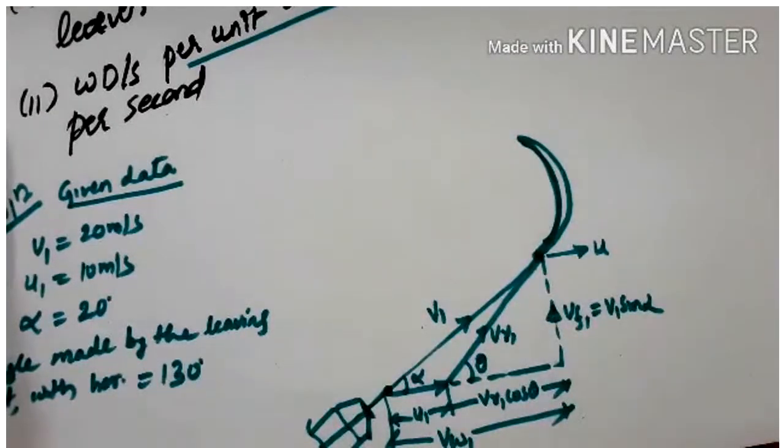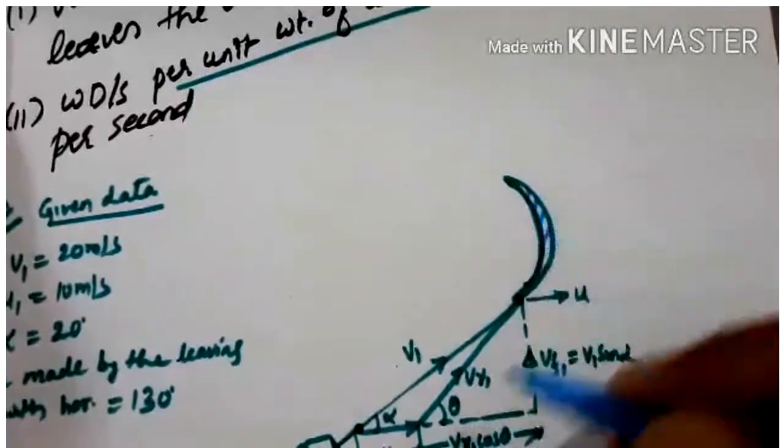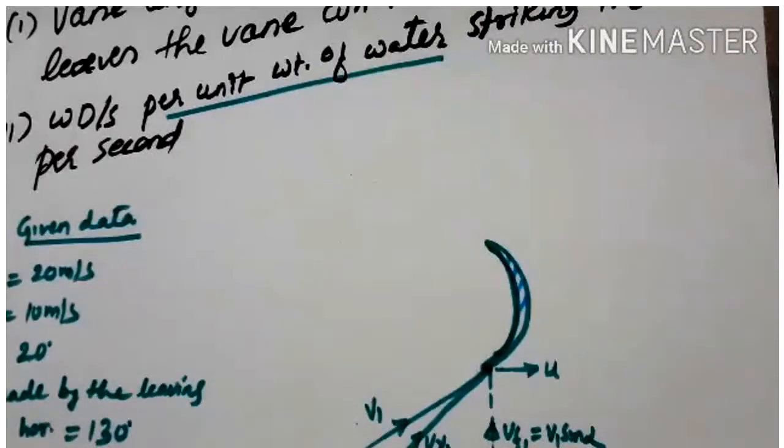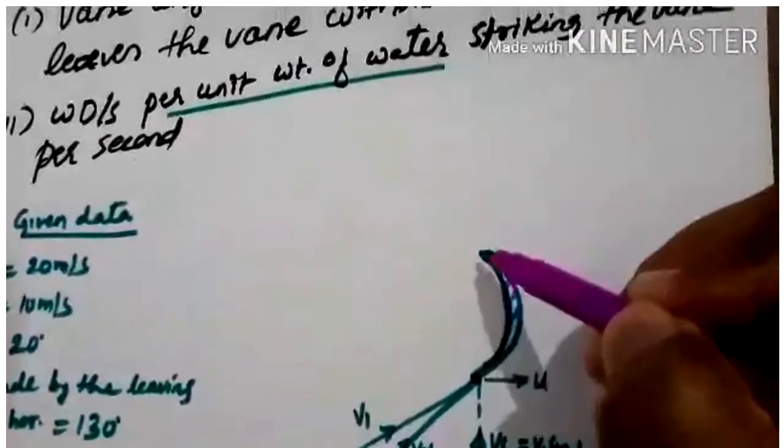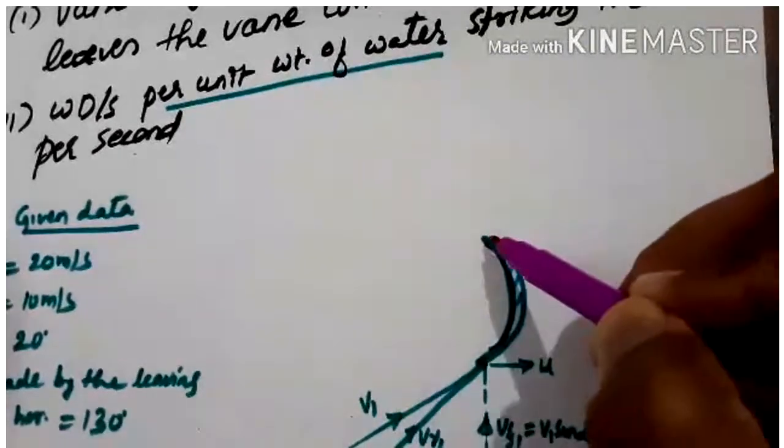So when the jet strikes, this is the vane, and the vane is moving here after striking. Then the outlet triangle is drawn like this.